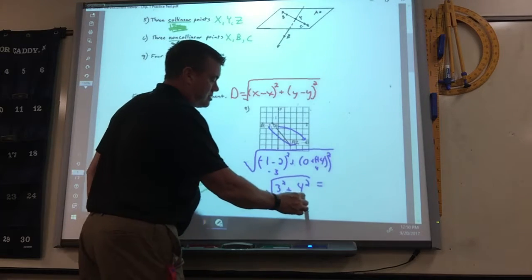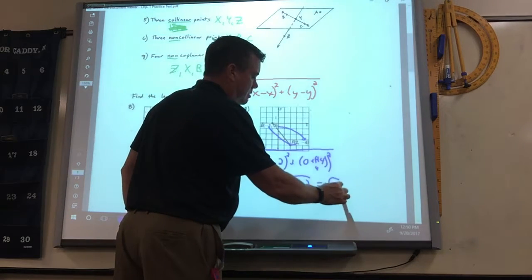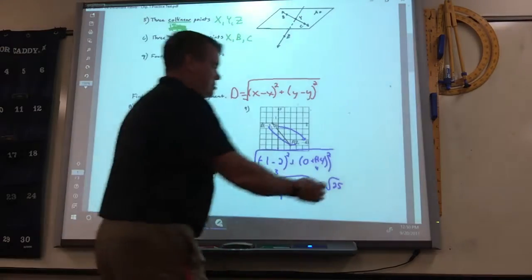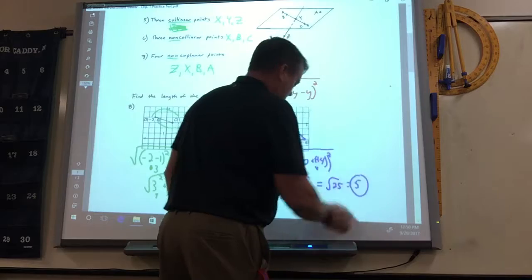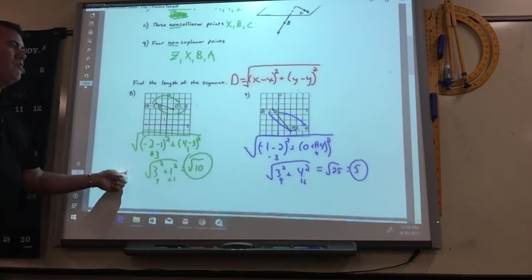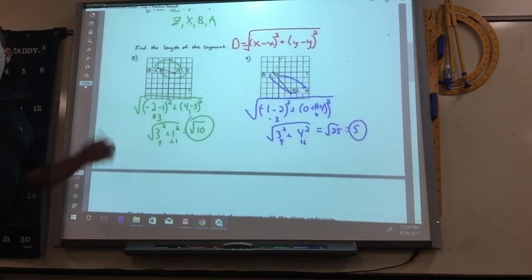This is 9, this is 16, so that adds up to 25, which is just 5. This one is a perfect square. The equations, yeah, will be given to you on the board.